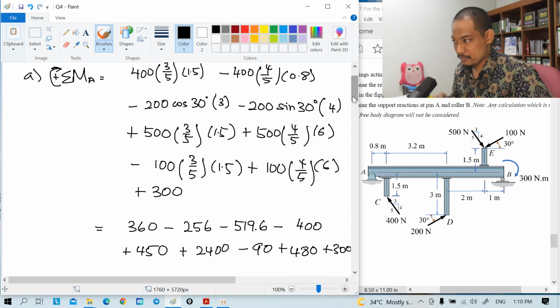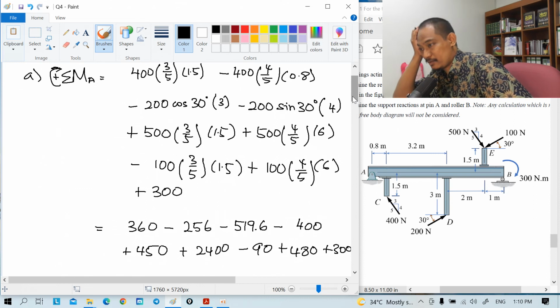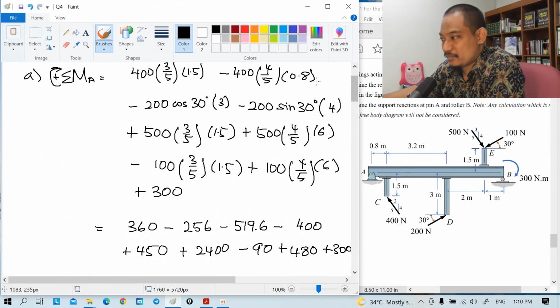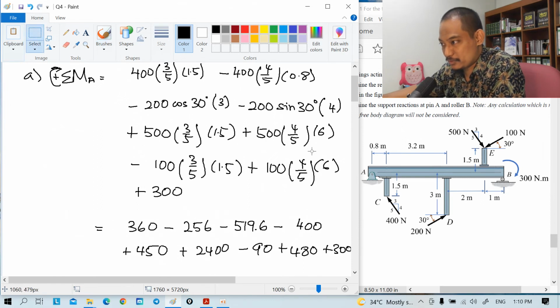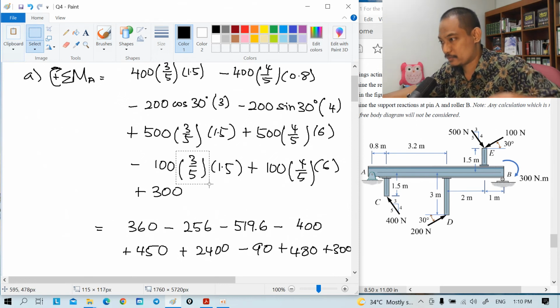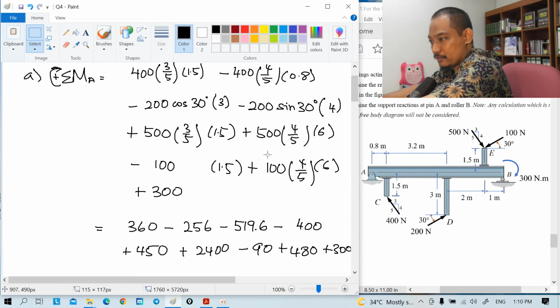Okay, wait, I made a mistake. Oh, I'm so sleepy. This 100 doesn't make sense. This is not 3 over 5, this is 30 degrees. Oh my goodness. So this portion is wrong.